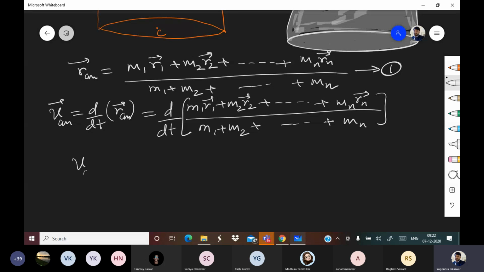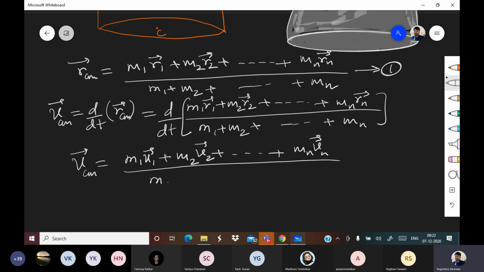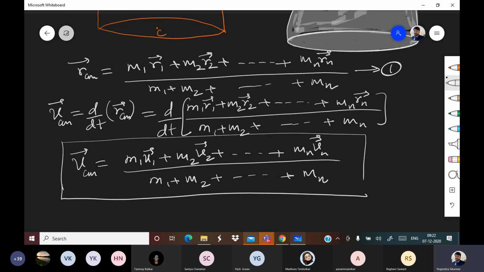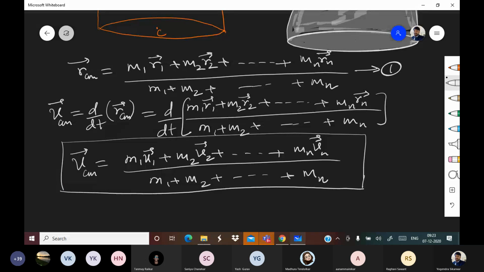So what you are going to get is VCM vector is equal to m1 v1 vector plus m2 v2 vector plus mn vn vector upon m1 plus m2 plus mn. So this is your calculation of velocity of center of mass. Okay, please note everyone.